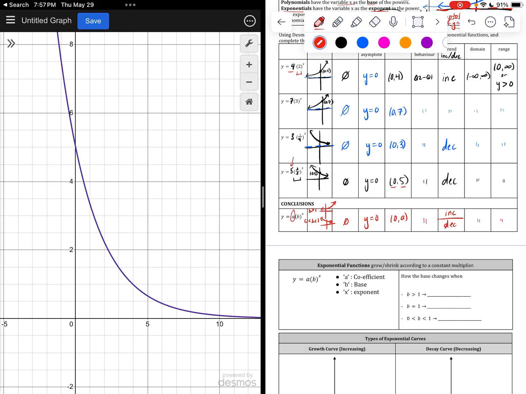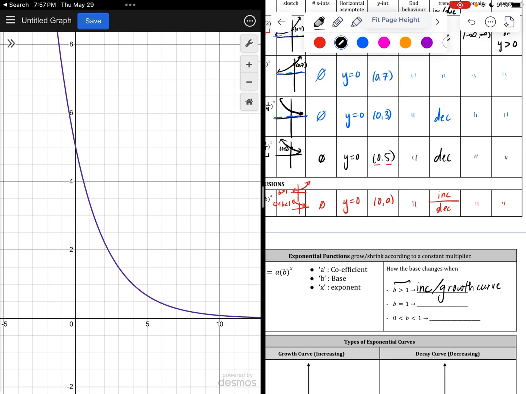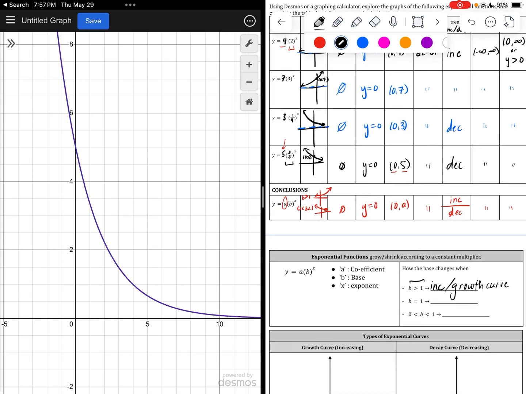So what we do need to remember is that when the base value is greater than 1, we should see an increasing graph. What we're going to start to call this is the growth curve. So we'll start using growth instead of increasing. If it's between 0 and 1, so those fractions or decimals, we're going to say it's decreasing. And when it comes to exponential, we usually use the word decay curve.